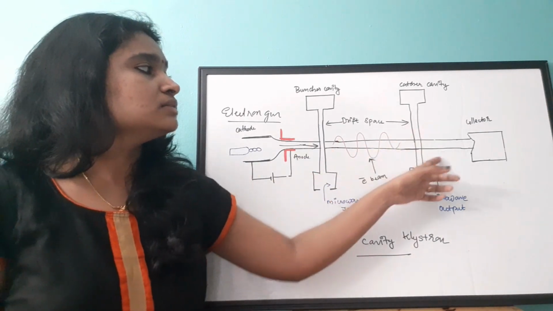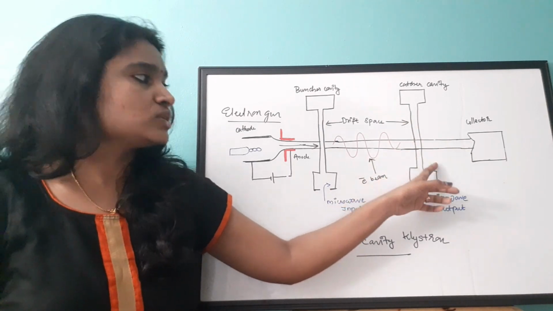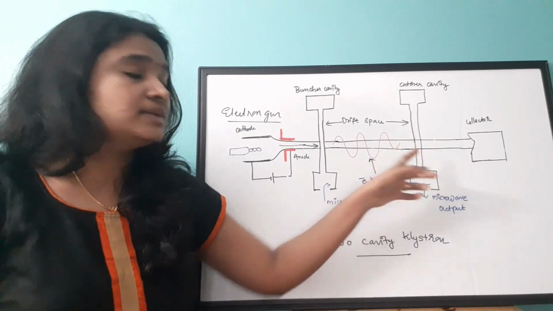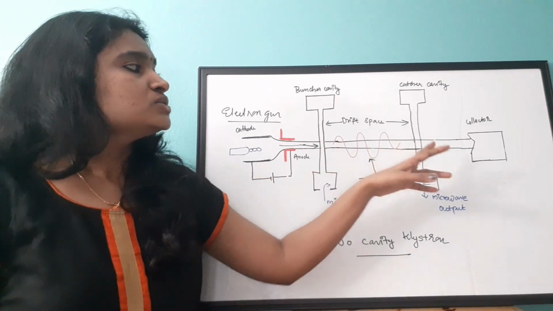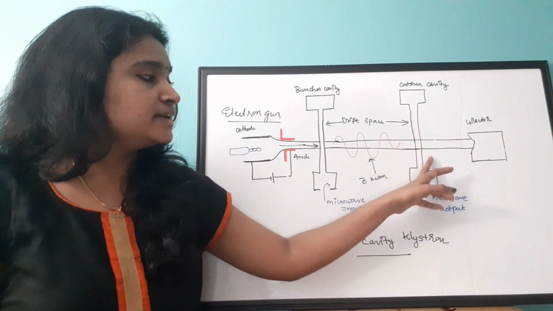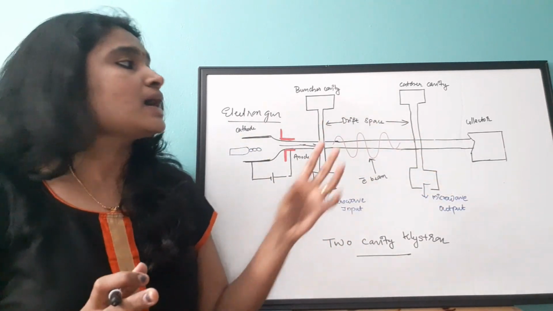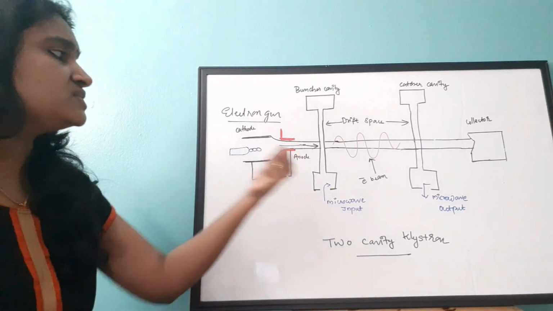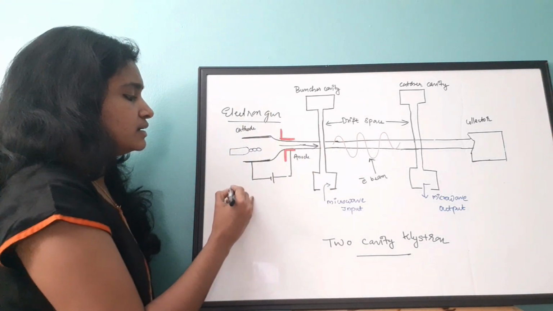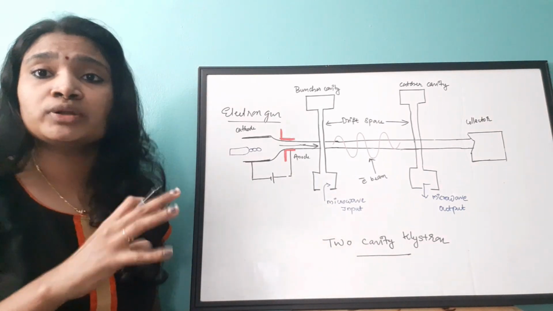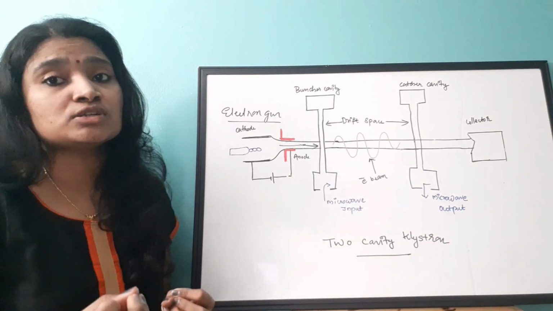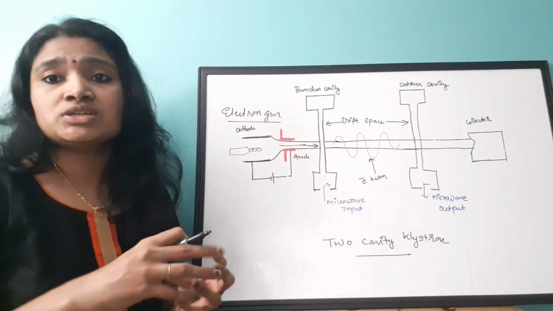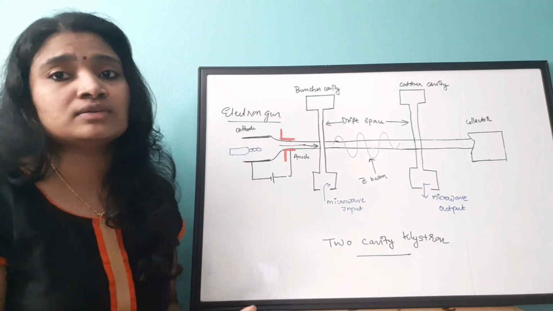That is, their movement is prevented in the catcher cavity due to the applied electric field. Okay, so they are decelerated and they will get slowed down. So the speed of these electrons will get reduced and their kinetic energy is converted into potential energy. So if you see from this side, earlier the electrons had potential energy. They were accelerated due to the field in this buncher cavity and their potential energy was converted to kinetic energy, right?